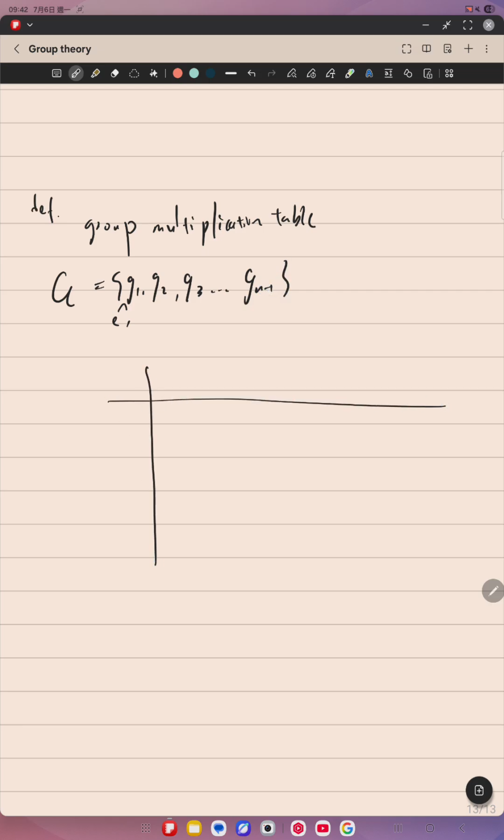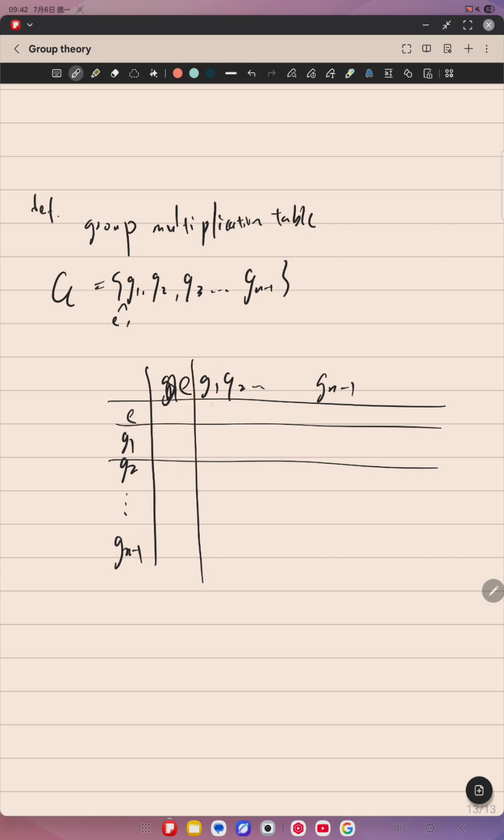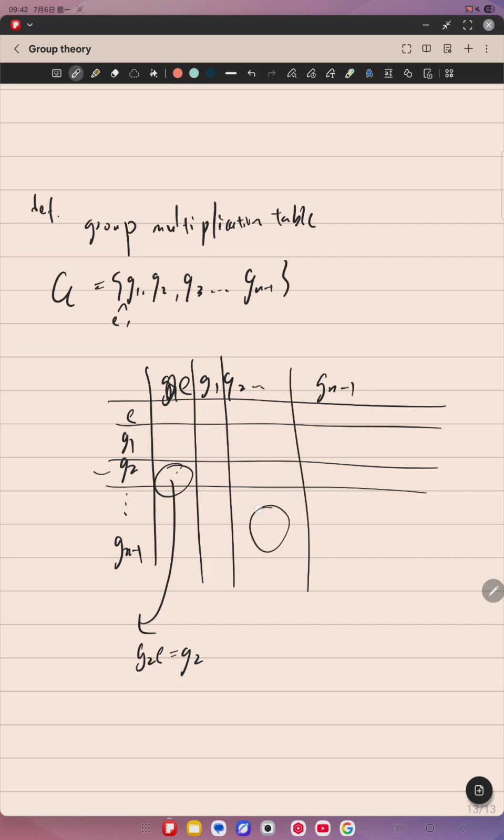Then I can construct a table with the identity, g1, g2 up to g(n-1) along the rows and columns, and each element is just the product of the row and column. For example, this element will be g2 times the identity, which is g2. Okay, and there will be somewhere which is very complicated. So obviously, to classify groups using the multiplication table is almost impossible.